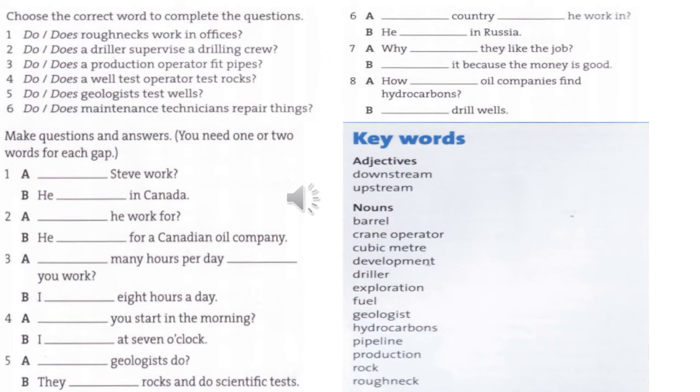So roughnecks, plural, the answer is do. Do roughnecks work in offices? Number two, do or does a driller supervise a drilling crew? Driller is singular, so the answer is does. Does a driller supervise a drilling crew?